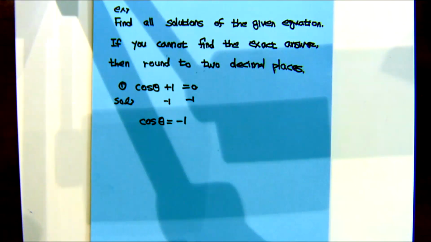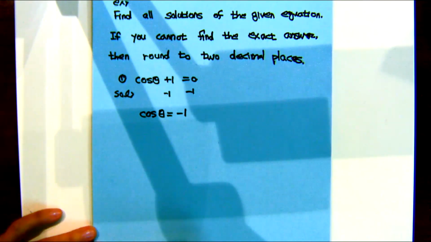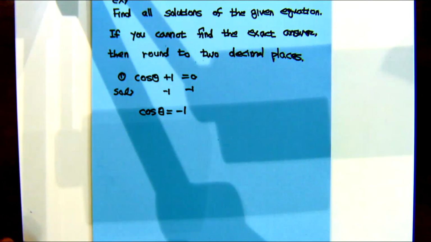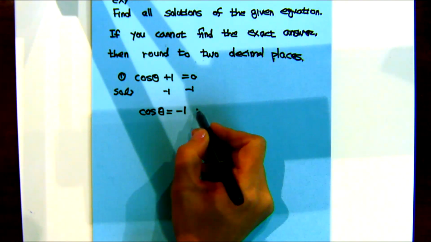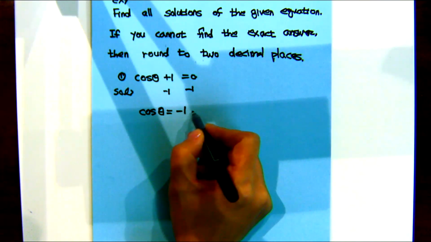The trigonometric functions are periodic functions, so the same pattern happens all the time, just infinitely many times. So whenever we think about trigonometric equations, they tend to have infinitely many solutions. When we solve for cosine, the cosine value became -1.